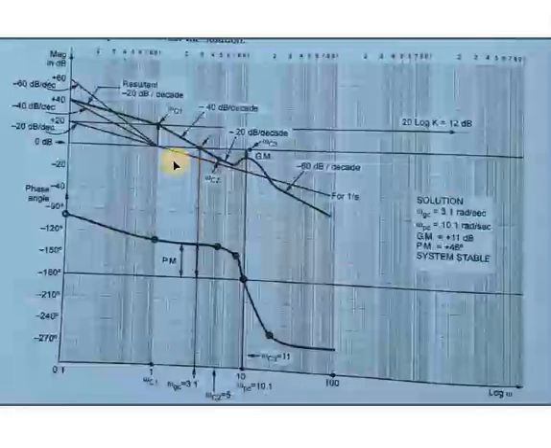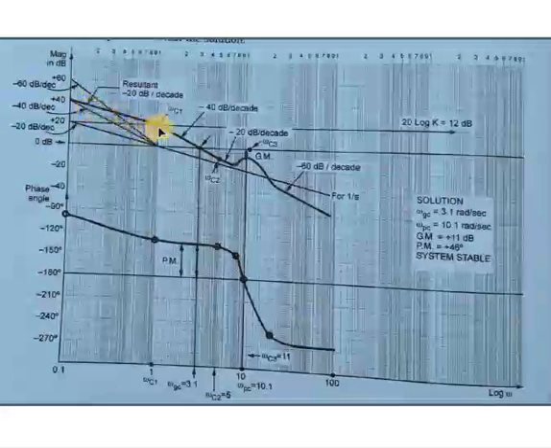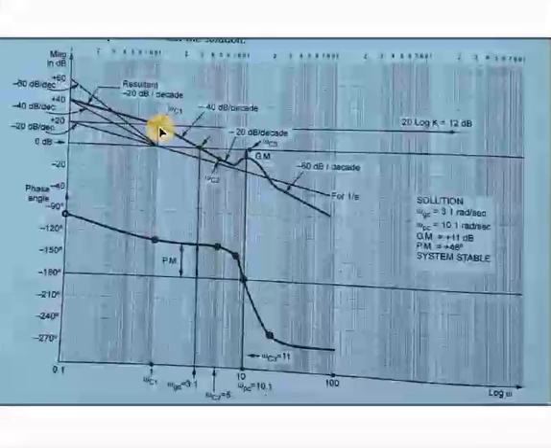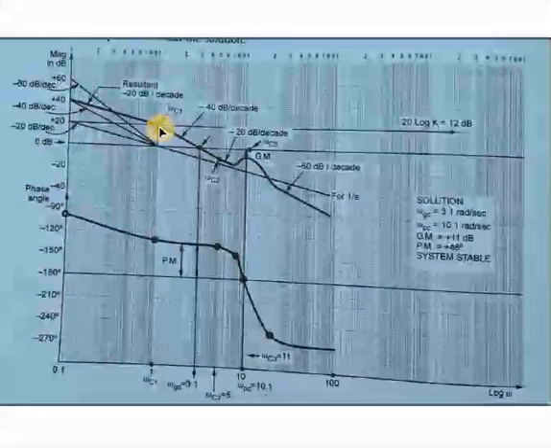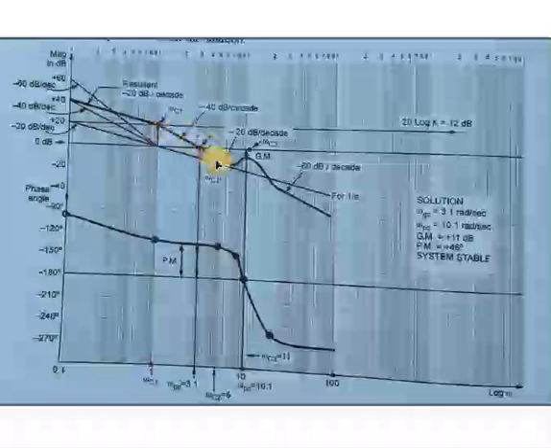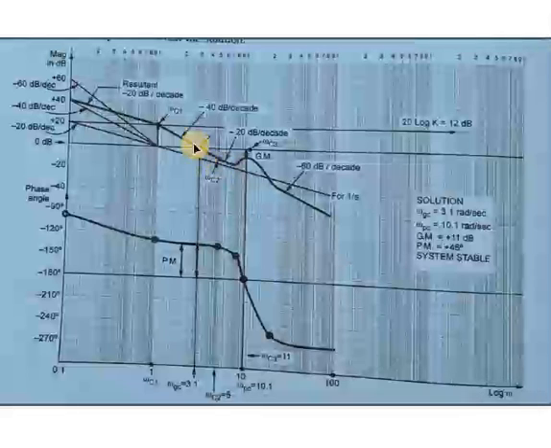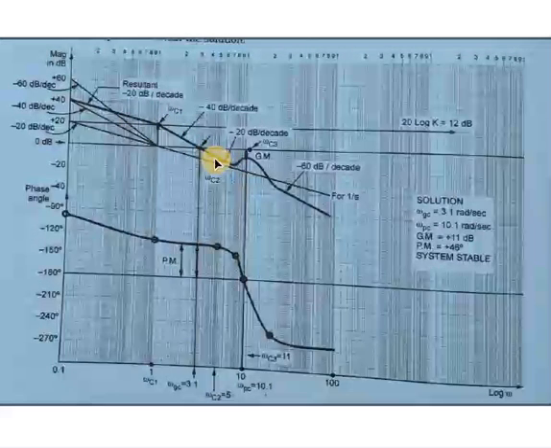So the plot is starting from this point, it will be with minus 20 as the slope up to the first break frequency, that is omega C1 equal to 1 radian per second. After that, from omega C1 equal to 1 to omega C2 value 5, it will be with minus 40 as the slope.